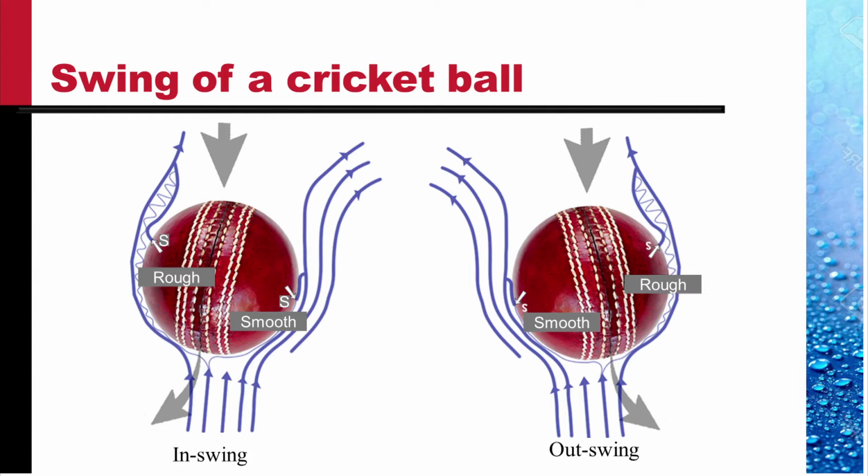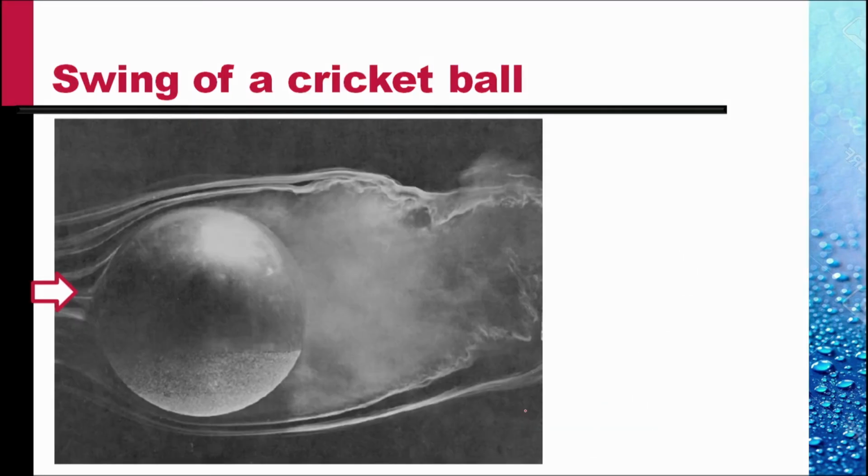It is necessary that the seam of the ball is held stationary, in the sense it is always in the same plane, and that's why the ball needs to be spun to give its gyroscopic stability. This actual flow picture shows the same phenomena.